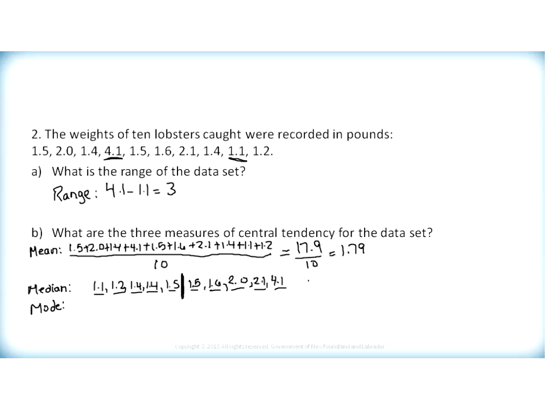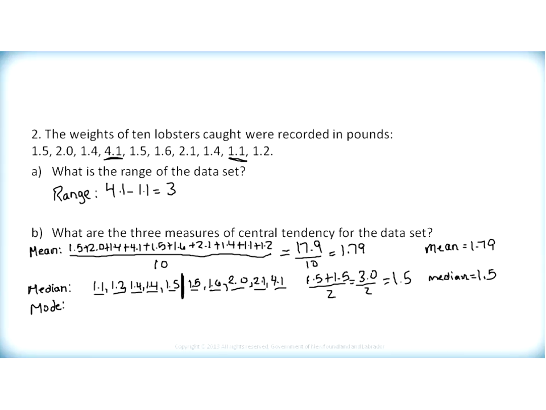So my median is going to be equal to 1.5 plus 1.5 divided by 2, which is equal to 3.0 divided by 2, which is equal to 1.5. So my median value is equal to 1.5. Well, I didn't write down what my mean was, even though I said it. So my mean is equal to 1.79.